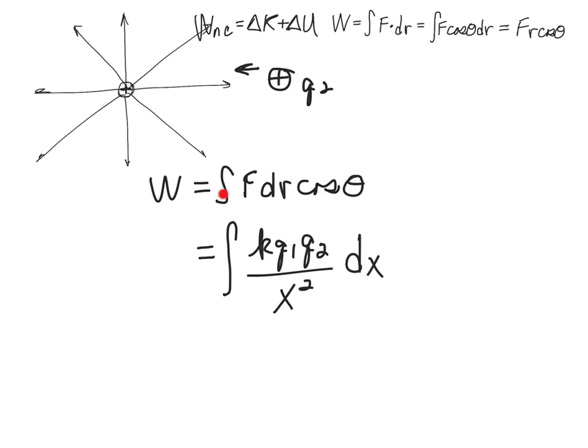And just to keep the integral simple, let's do it on the x-axis, so it's a one-dimensional problem. So I'm going to start at infinity, and I'm going to end up at some x final, right? Some position where we're going to stop. So I'm going to integrate from infinity to x final.